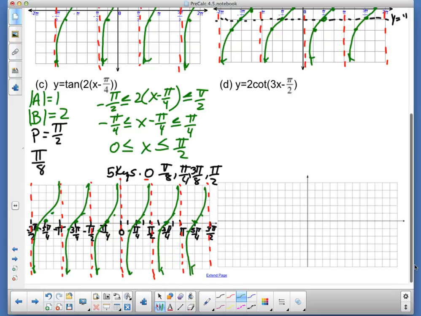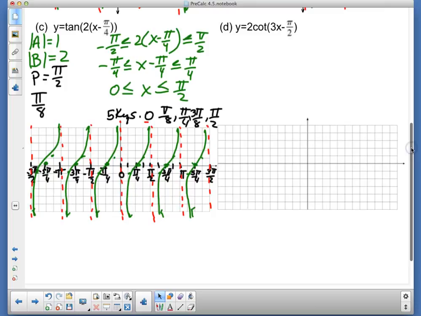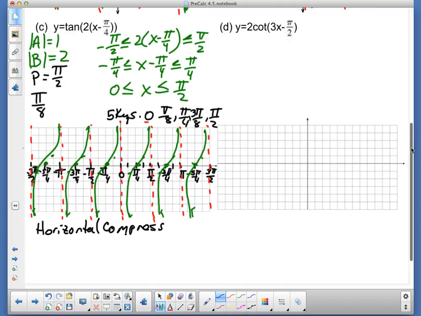Now, keep in mind, I had a setup on this graph. As we look this over, I had a horizontal compression by a factor of 1/2.